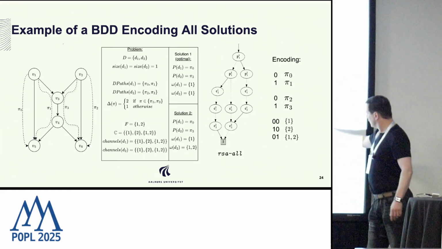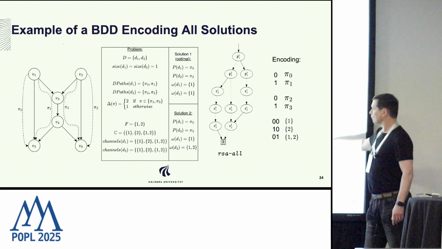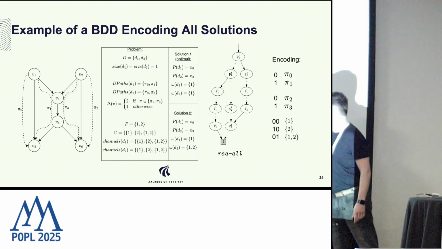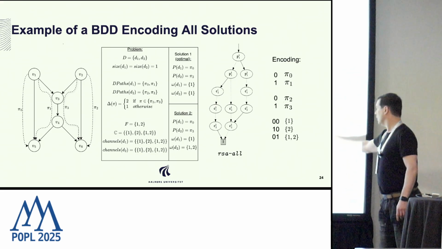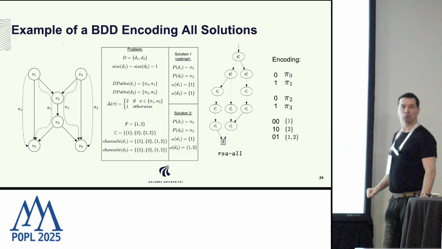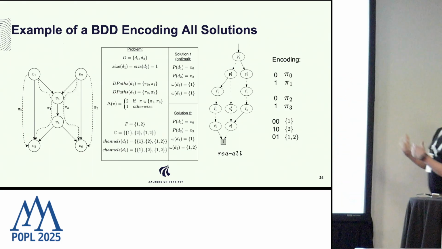So in fact, this encodes that the channel assignment can be either 1 or 2. The same for the second: the first bit is skipped, and the second bit has to be 0, so it can be channel 1 or 2. So this path actually encodes 4 different solutions, including the one that I depicted in my running example.